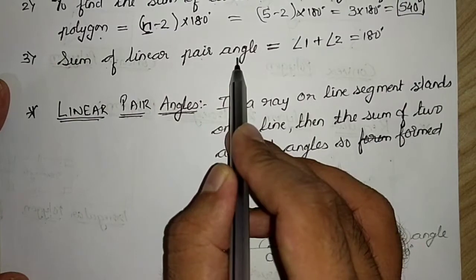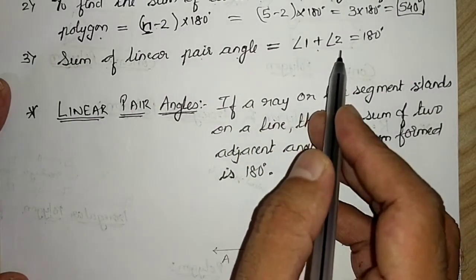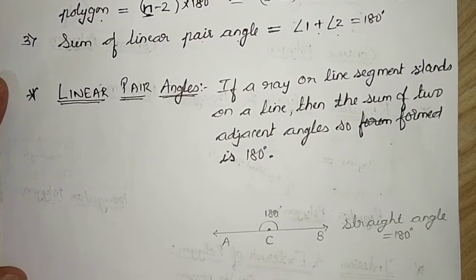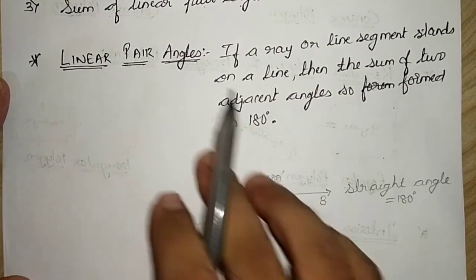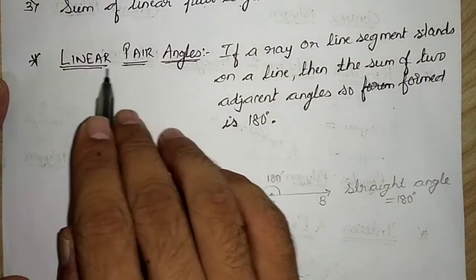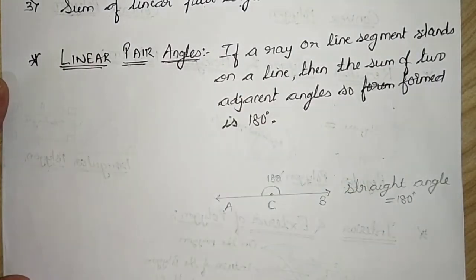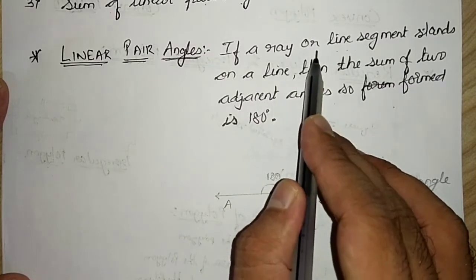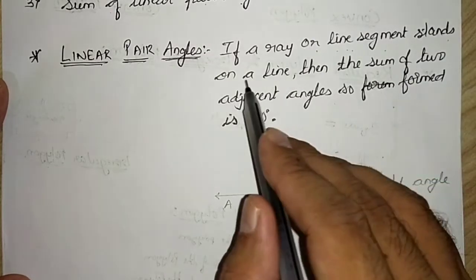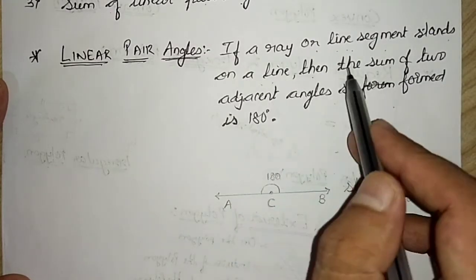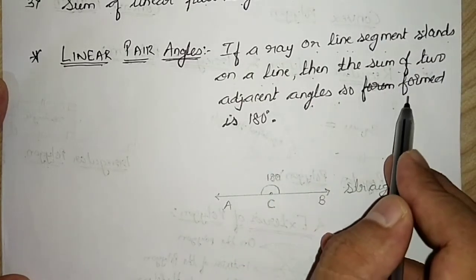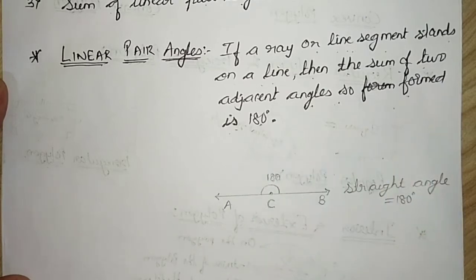Now the third and important formula for solving exercise 3.1. Sum of the linear pair angle is equal to 1 plus 2 is equal to 180 degree. I think you have not understood. For that, I will first explain what is linear pair angle. If a ray or line segment stands on a line, then the sum of two adjacent angles so formed is 180 degree.